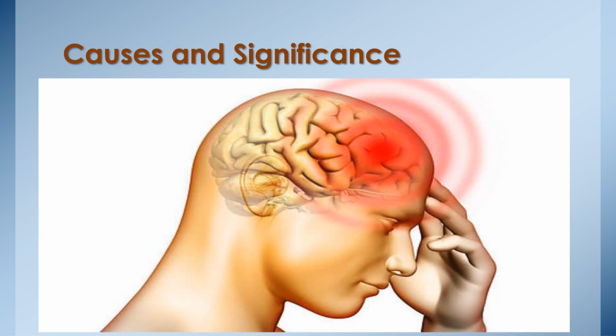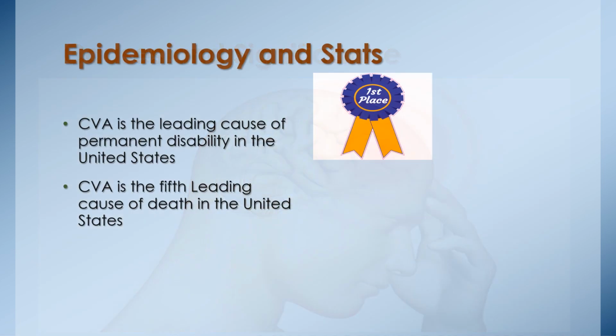So let's discuss some causative factors and the significance of a stroke. CVAs or strokes are very prevalent in our country. It is the leading cause of disability in the United States. CVAs are the 5th leading cause of death in the United States.